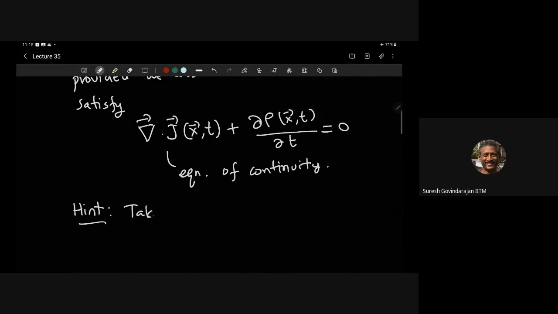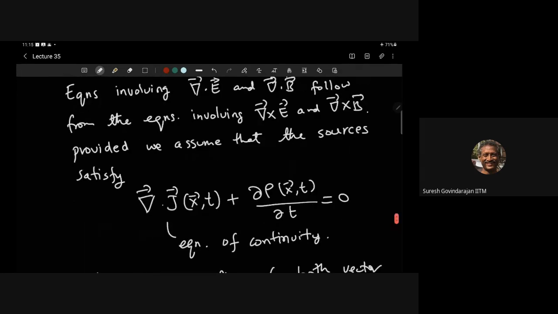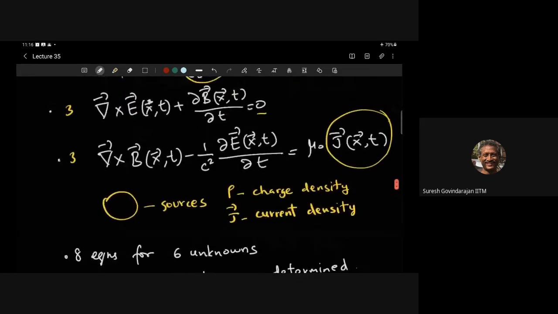Take the divergence of both the curl equations. Okay, and you should see, up to some additive thing, you should get these two equations.